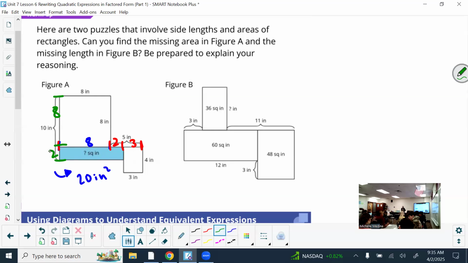But the area is 20 square inches because area for a rectangle is what? Third grade. Area for a rectangle is what formula? Length times width.